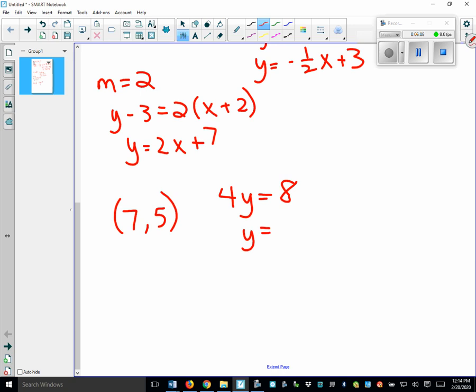Undefined? If it is y equals 2, what kind of line is that? Horizontal. That means the slope is 0. So y minus 5 equals 0 times x minus 7? So y equals 5.